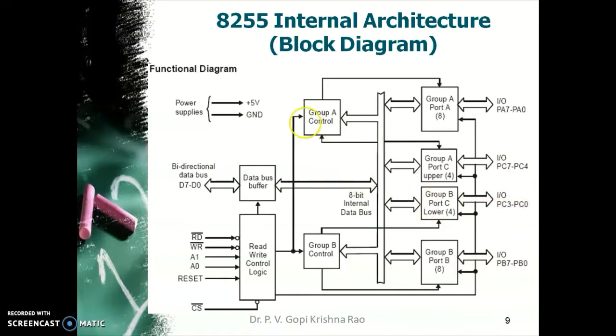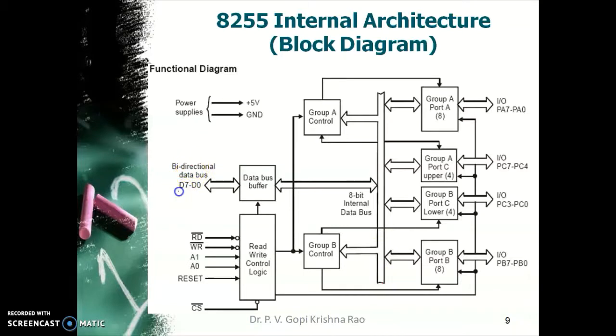The internal architecture consists of a read-write logic, data bus buffer, Group A control logic, Group B control logic. Group A, port C upper, Group B, port C lower, and port B. This is the internal bus of 8255.